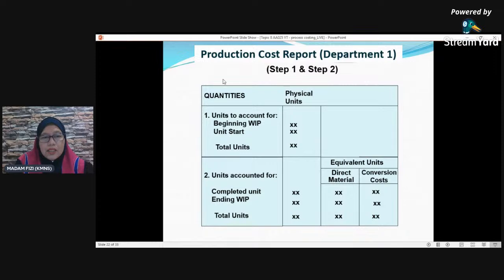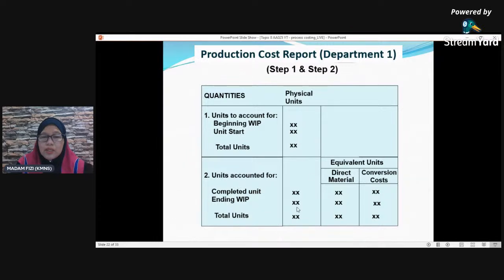For step 1, you need to account for beginning work in process plus unit starts equals to total unit. And then you make another step 2, that is units accounted for, completed unit plus ending WIP, work in process, totals to total unit.